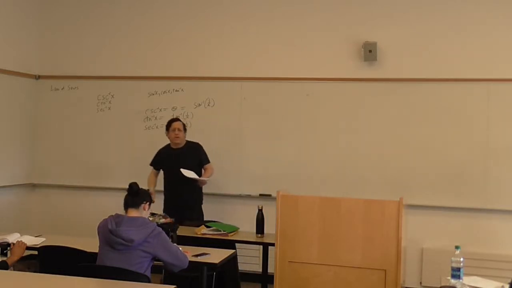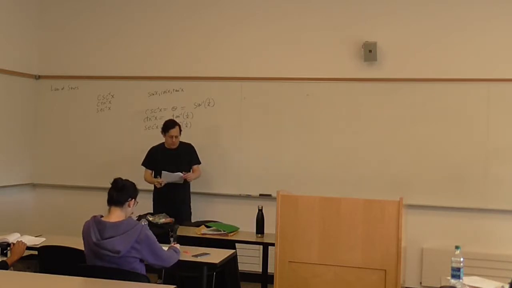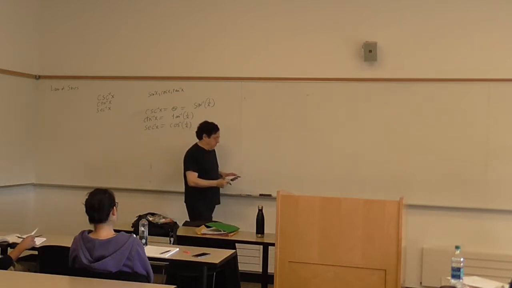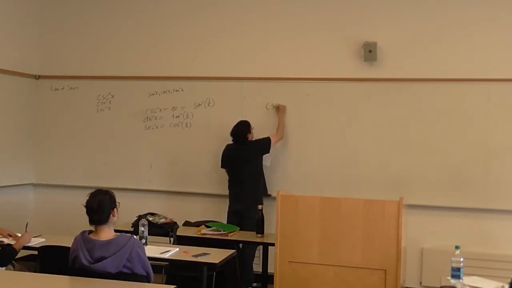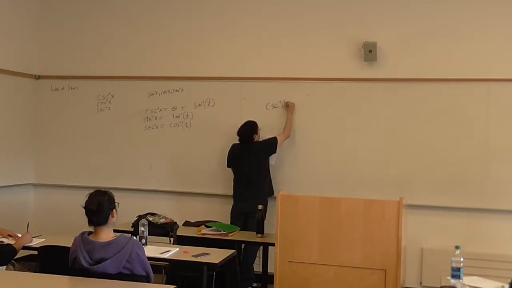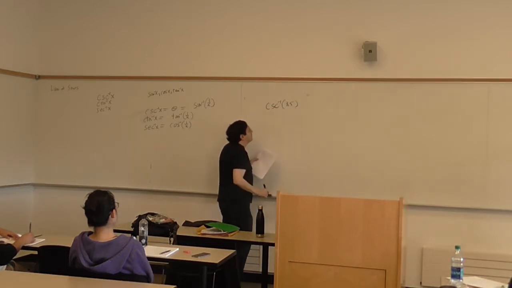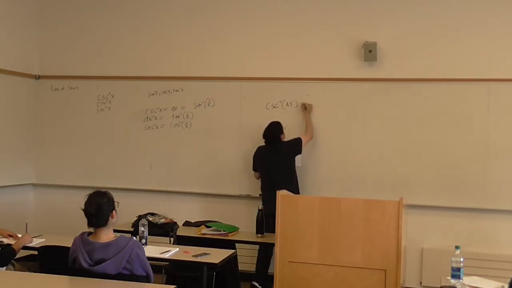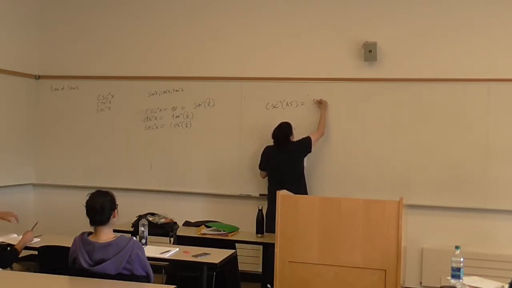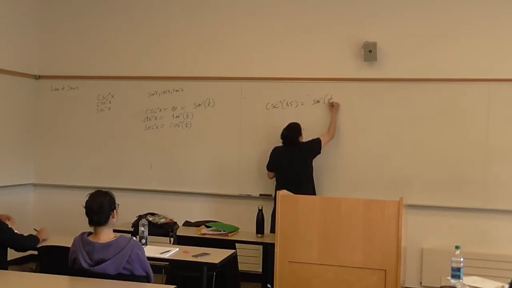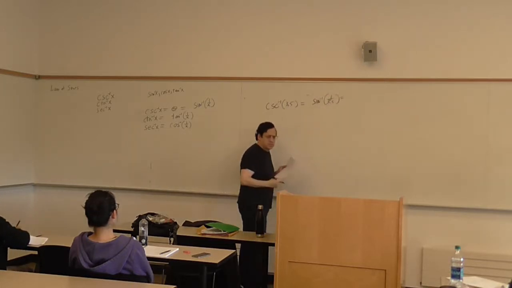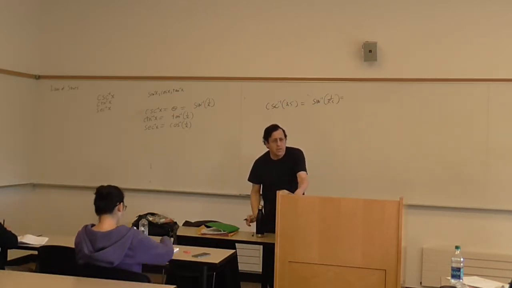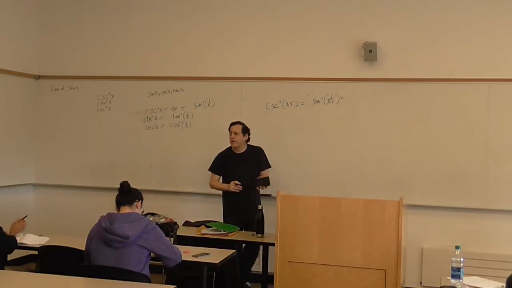All right, let's try a problem or two. If I want to find the inverse cosecant of 3.5, well, what's that going to be? It's going to be the inverse sine of 1 over 3.5. Well, that's something we have a button for, right?